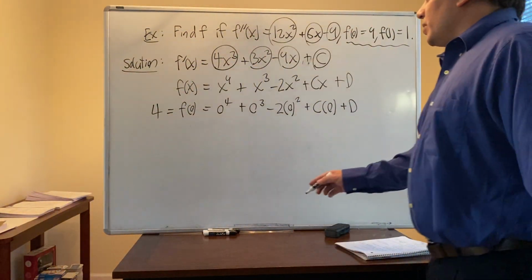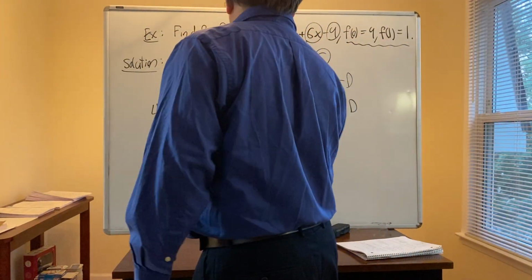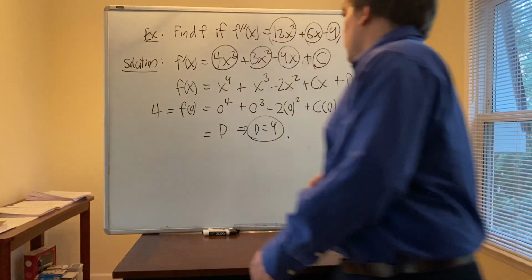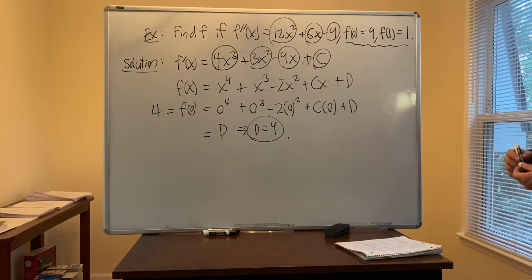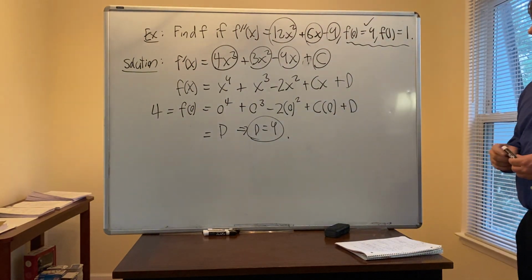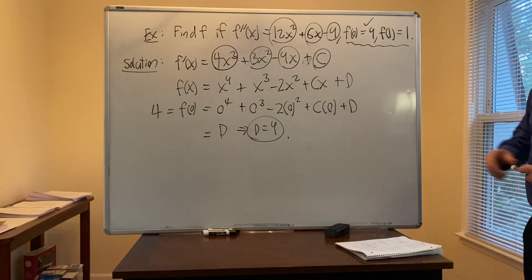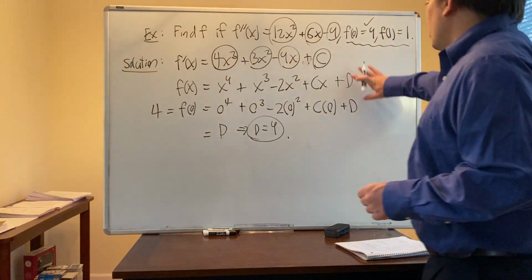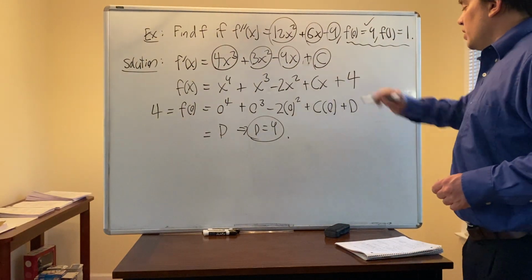And this expression is equal to capital D. Therefore, capital D is equal to 4. Okay, so check that first equation satisfied if we set capital D equal to 4. Now D is 4.